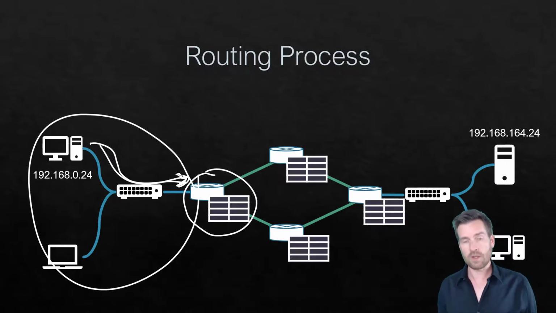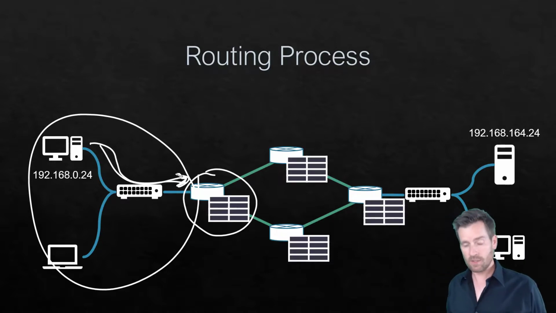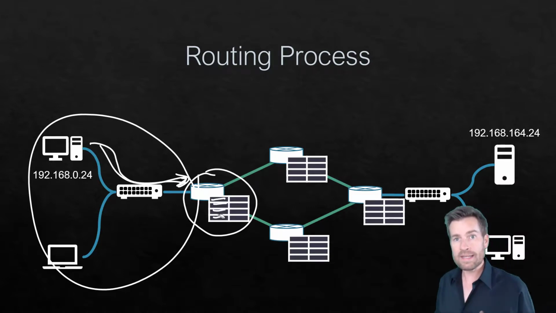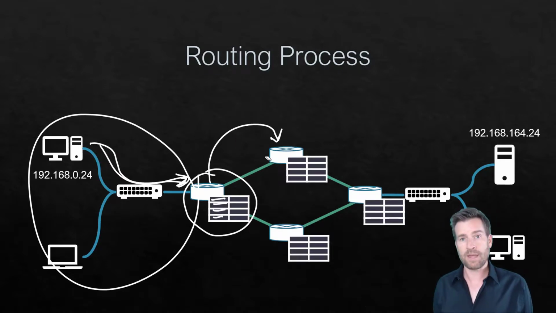So then once that router determines, well, this layer 2 is destined for me, the MAC address is destined for me, now I need to figure out what network this is going to be sent to. So it takes a look at the layer 3 information and matches it up against its routing table to determine what is the next best hop.